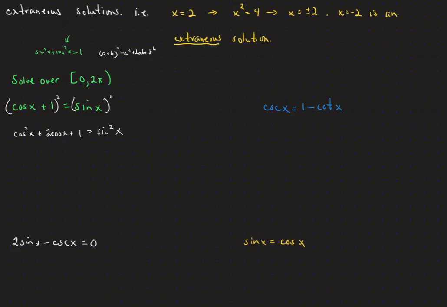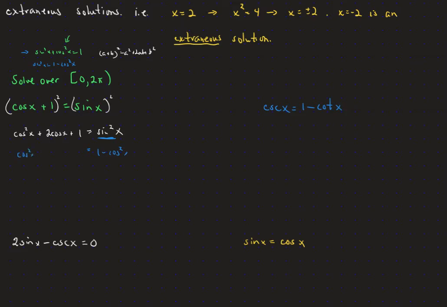From here, we can see that we still have two different trig functions, and we would like to get this to be just one trig function. So on the right side, we replace sine squared by 1 minus cosine squared. Remember that comes from our favorite trig identity: if we subtract the cosine squared to the other side, sine squared is equal to 1 minus cosine squared.